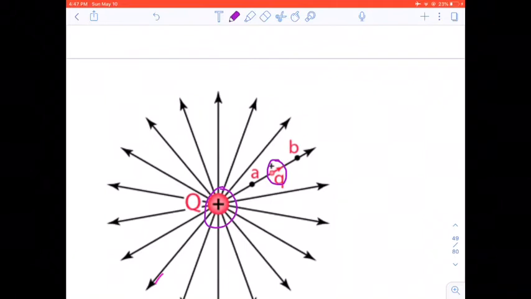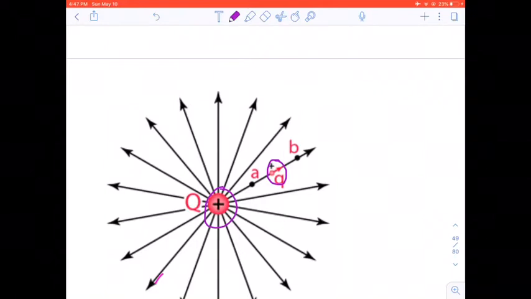Then, if, for instance, we bring the test charge closer to the charge in the center, or when we move it from B to A, what happens is that the potential energy of this particular system increases. Right.